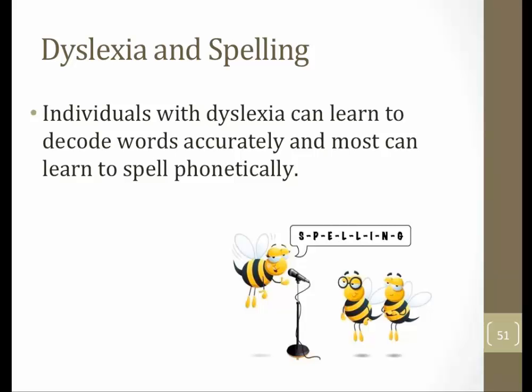So we must accommodate for spelling, and that means that we grade the students' work not on their spelling but on the content. We give them assistive technology tools and proofreading assistance, and then we encourage them to turn in their rough drafts so they can check spelling and correct that and then go back to the important work of developing their ideas.